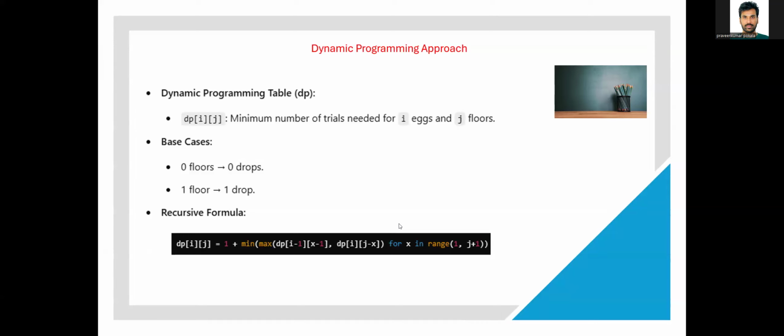That means the floors we need to check are the top floors, that is j minus x floors, because there are j floors overall. So for this max, we take the worse of these two scenarios because we are interested in the worst case number of trials needed. This ensures that our solution is robust against the worst possible outcomes.